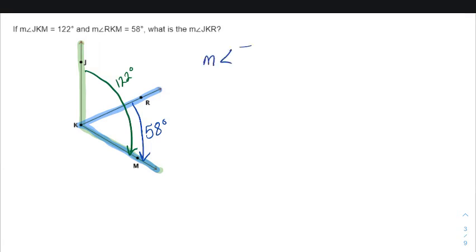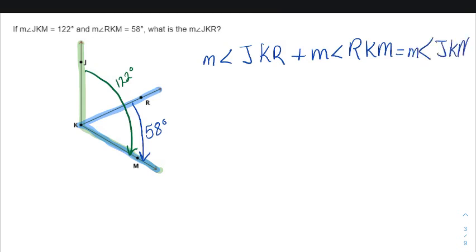So the measure of JKR plus the measurement of the angle RKM is going to equal the measurement of the angle JKM. When we write it out like that, it's an algebraic expression. We just have to plug in what we know. Well, we're looking for the measurement of JKR.